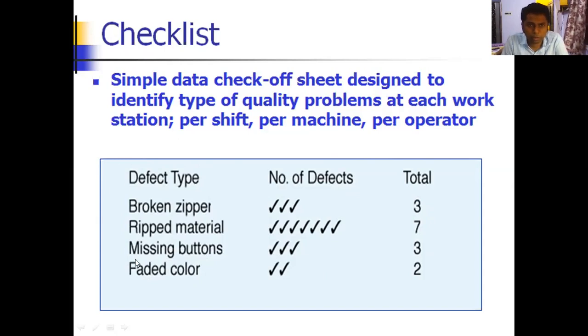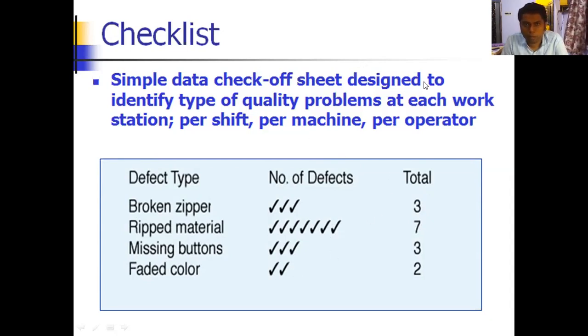For example, here in the checklist you can see broken zipper, ripped material, missing buttons, faded color, these are the defect types, and number of defects. Here there are 7 ticks, 1 2 3 4 5 6 7, and here there are 3 ticks, there are 2 ticks.